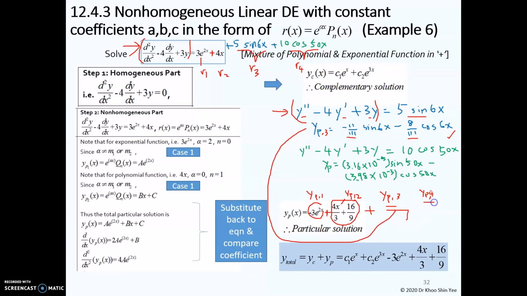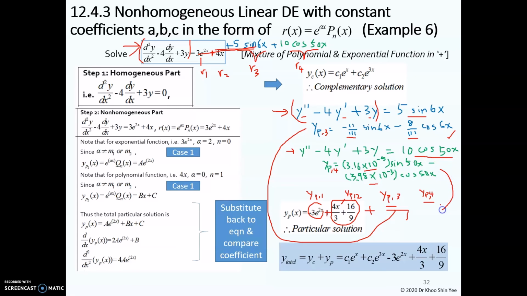To find the yp4, we will just focus on the R4 function. So your R4 function is equal to 10 cos 50x in this case, and you can propose the particular solution to be a sine 50x plus b cos 50x. By differentiating the yp4 twice and substituting inside the equation, after you compare the coefficients, you should obtain these two coefficients.